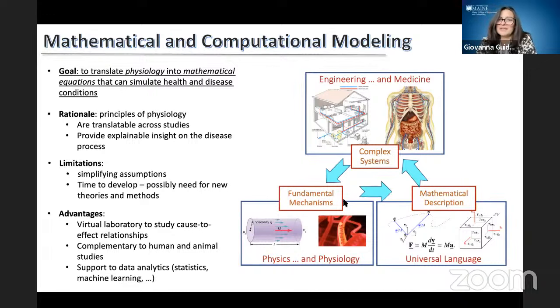And actually, many principles of physics that are behind engineering design can actually be used to understand several of the mechanisms in physiology that drive, in particular for this talk, the blood flow through the eye or the cardiovascular system.